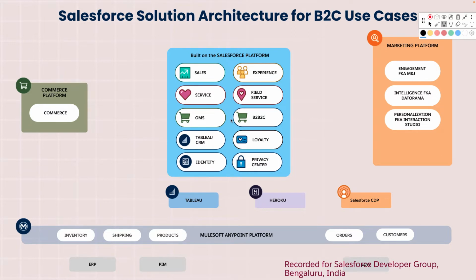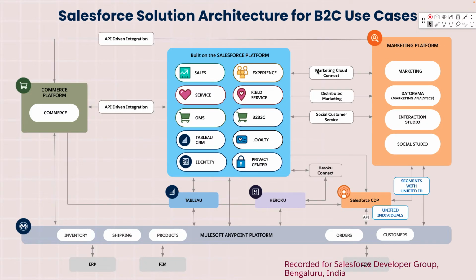So to start with, or in fact to keep things simple, Marketing Cloud and Core, they both are connected through MC Connect. We have got Distributed Marketing, which makes a person sitting on the core speak back to Marketing Cloud.